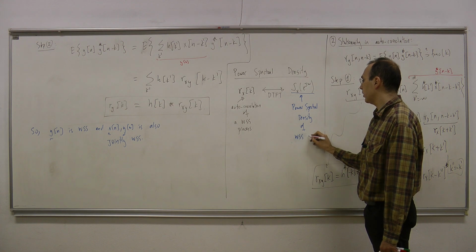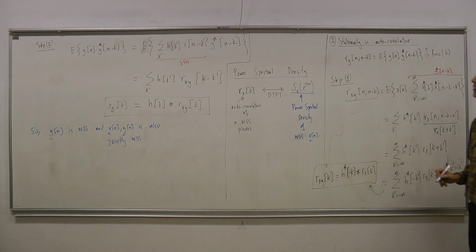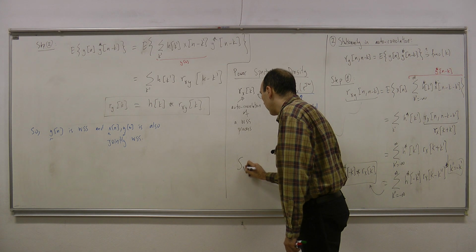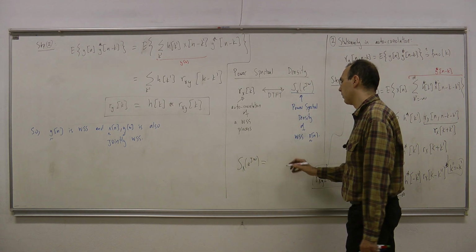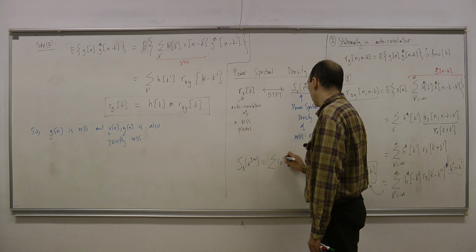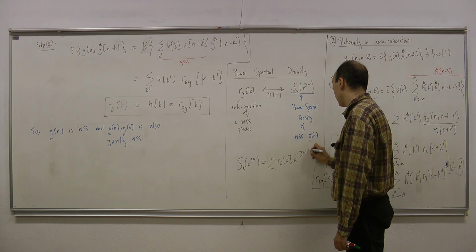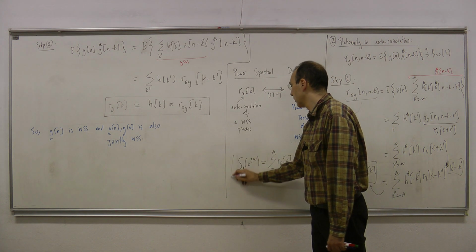So let's remember what the Fourier transform definition was. This is the sum of Rx of k e to the minus j omega k, from minus infinity to infinity.